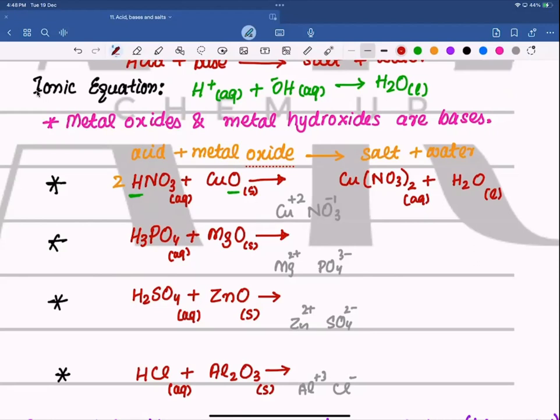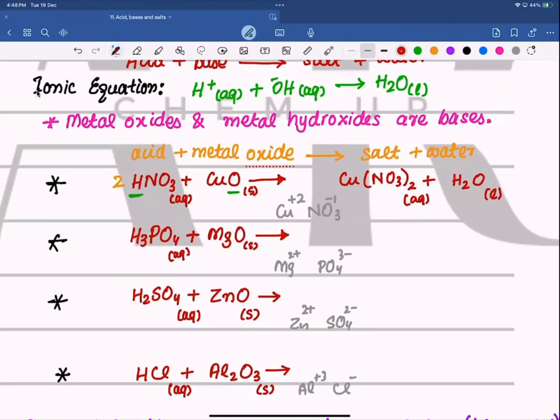The three liquids and two. For the same, we will put it just as it is. Very good, very good.